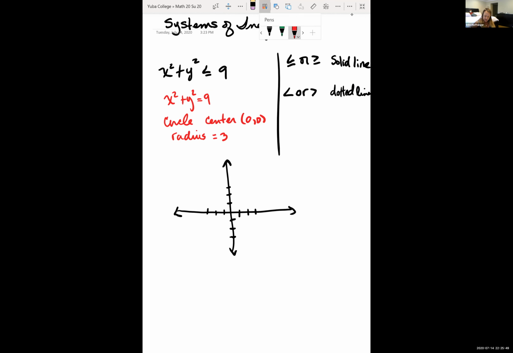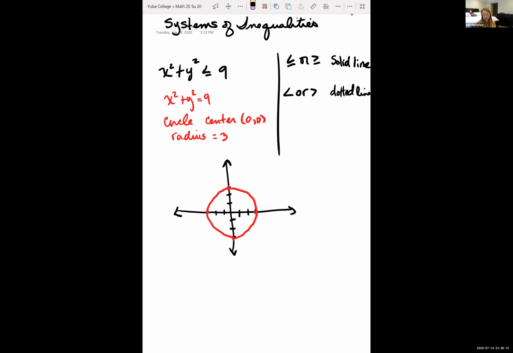And so if we graph this, go up, down, left, and right 3 from our center, and get this circle. So any point on this circle is a solution, but we also have to determine which area to shade. So you're either going to shade everything outside of the circle or everything inside of the circle.